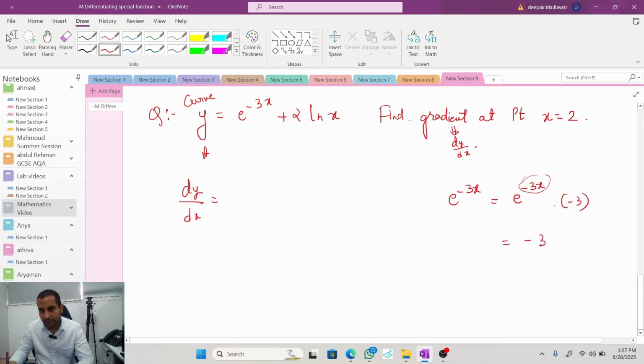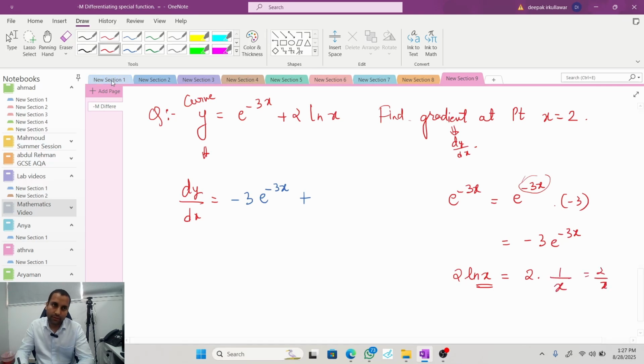So this is minus 3 e to the power of minus 3x, plus 2 ln x. What is the differentiation of ln x? It is 1 by x. So 2 remains as it is, and this is 1 by x, so this is 2 over x.